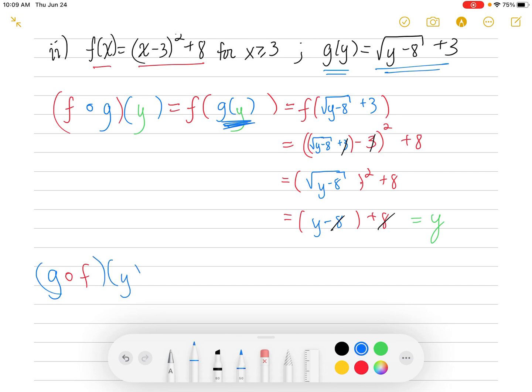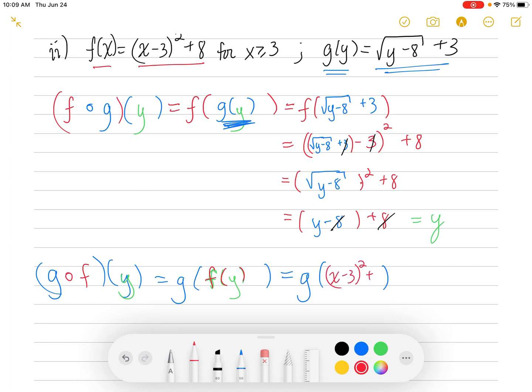Okay, now let's compose in the other direction. Let's do g composed with f of y. So we'll start with the g first, and then inside of the g, f of the y. And that should be red, f.